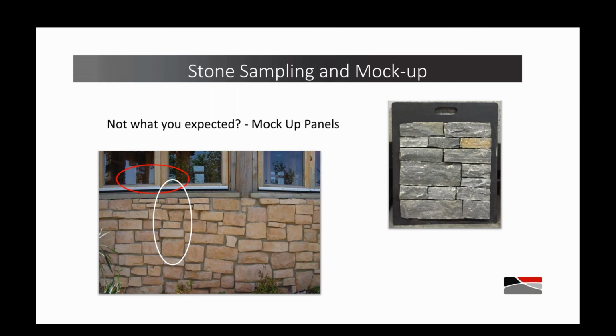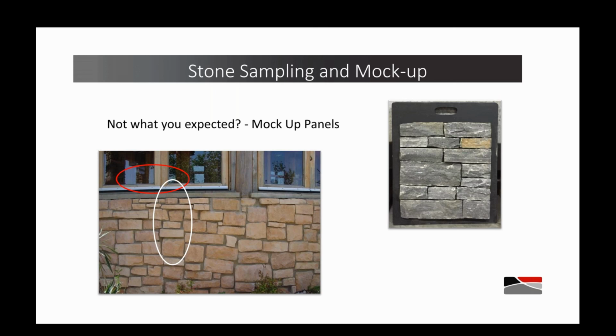And had they put together a mock-up panel and insisted on a mock-up panel being built on site, that could have been avoided. Mock-up panels should typically consist of the stone, obviously flats and corners, any accessory items such as sills, lintels, etc. At least one transition into a dissimilar material where the stone meets stucco, siding, whatever.